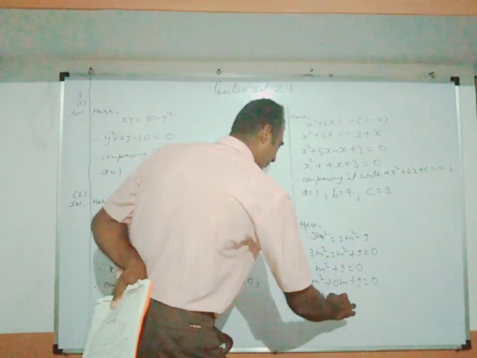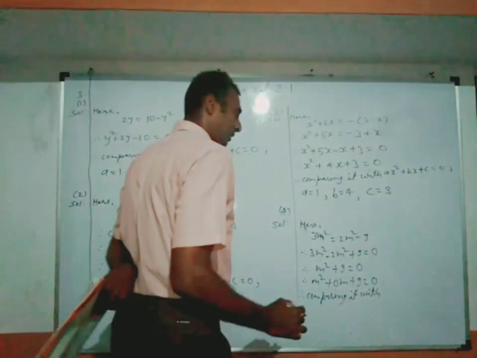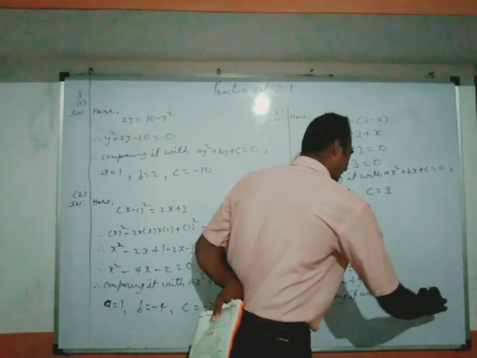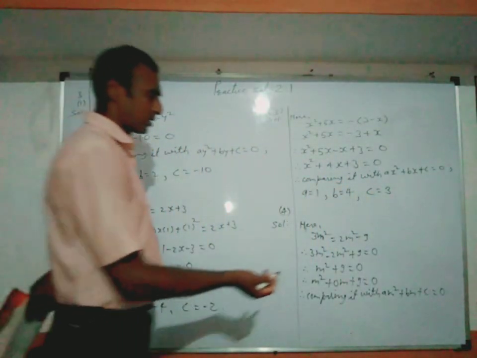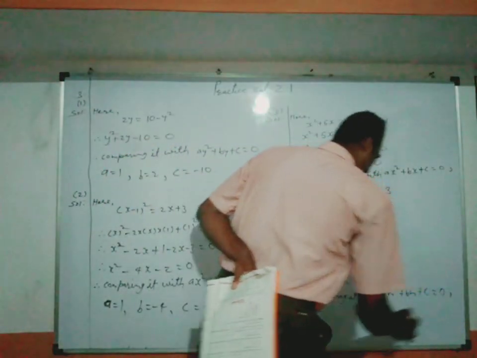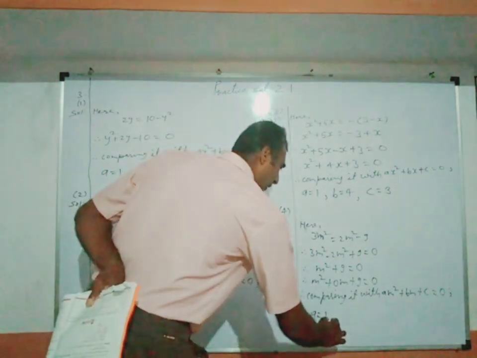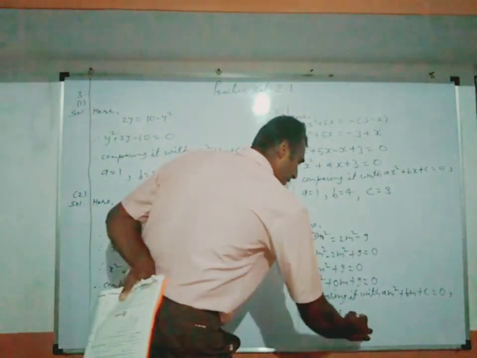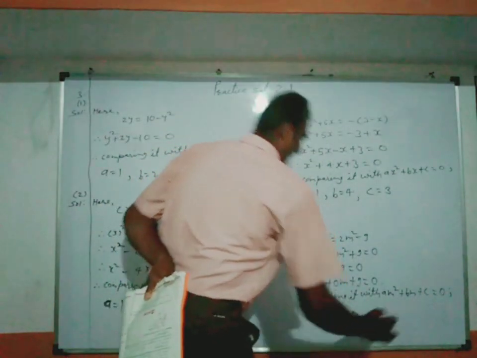Comparing it with the standard equation am square plus bm plus c equal to 0, here we consider m as the variable because the given equation contains m as a variable. So a equals the coefficient of quadratic term, which is 1, b is the coefficient of linear term, which is 0 in this case, and c is the constant term, that is 9.